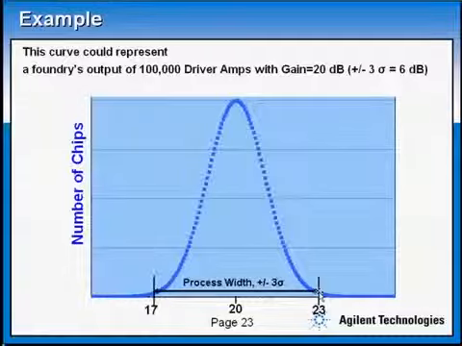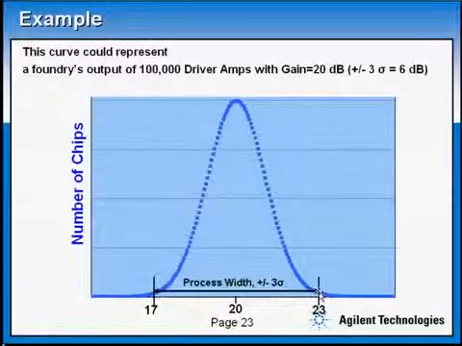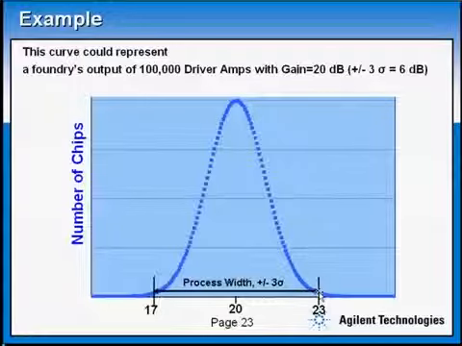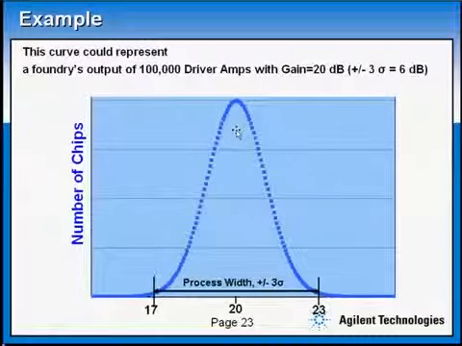You see, when you process an amplifier in the foundry, if the process is under control, the outcome of the foundry, when you measure the wafer, when you probe the wafer for all these amps, they will show a normal distribution curve like the one I show here.